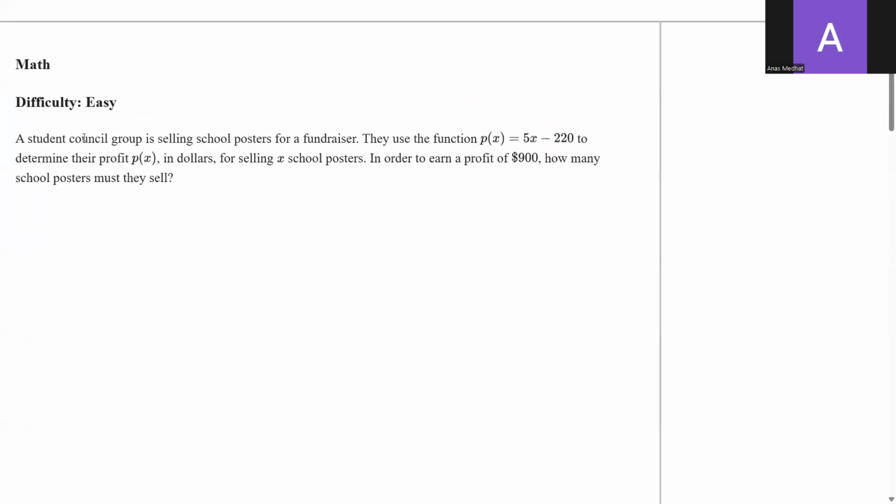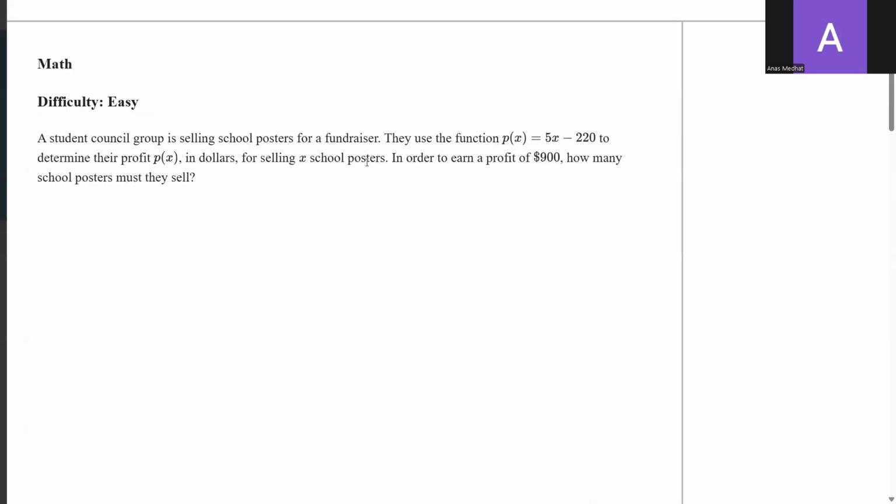A student council group is selling school posters for a fundraiser. Use the function to determine the profit in dollars for selling X school posters. In order to earn a profit of $900, how many school posters must they sell? All you have to do is substitute and solve for X. 900 equals 5X minus 220.